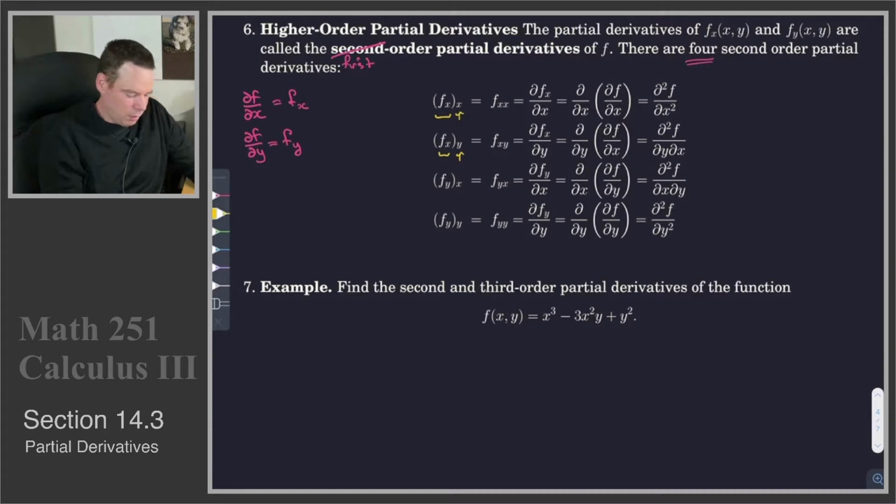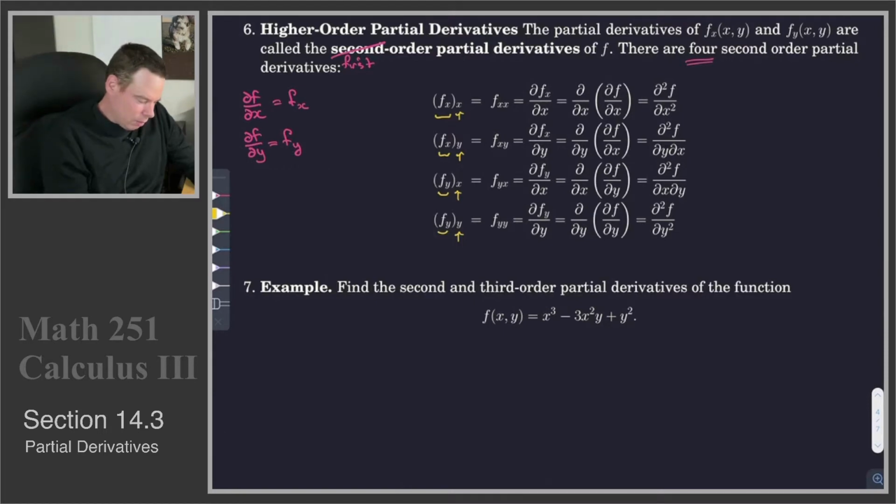I could also take the partial derivative of f with respect to y, differentiate it with respect to x, or take its partial with respect to y and then differentiate it with respect to y. Now to simplify notation, we're going to use this double subscript notation, fxx or fxy or fyx or fyy. But the important thing is to keep in mind which order the derivatives are taking place.